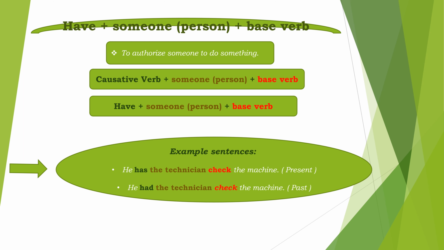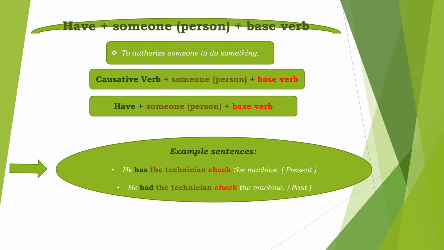Let's have a look at this second one. He had the technician check the machine. It is in a past tense. So that's why have has been changed into had. So you have seen in the first sentence, has is a causative verb, the technician is someone, person, and check is a base verb. And then the rest of the sentence. And he is a subject.